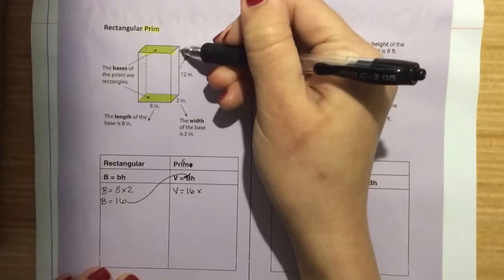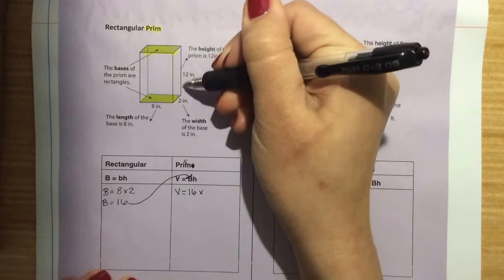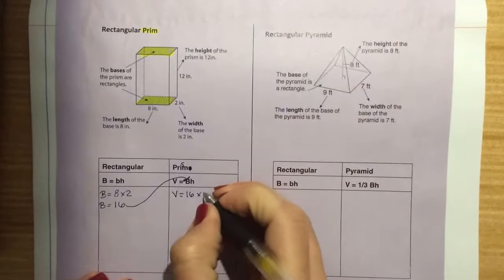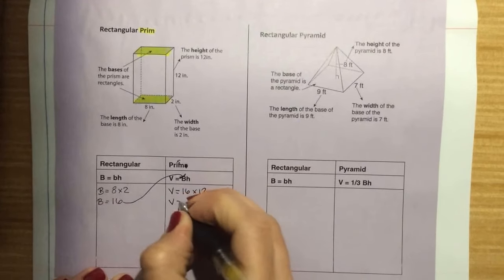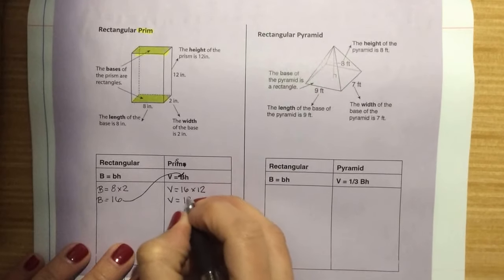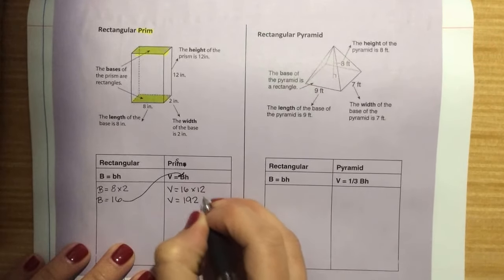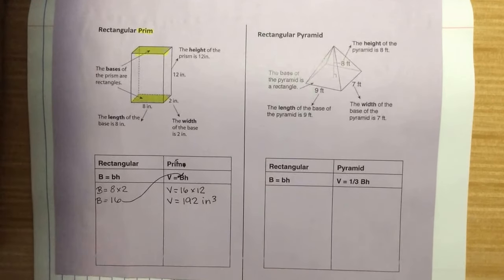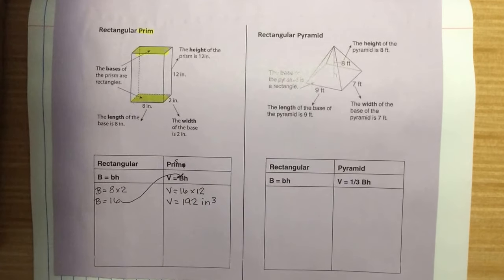And height is of the prism. So the prism is 12 inches high. So when we do that on your calculator, we get 192 inches cubed, okay?